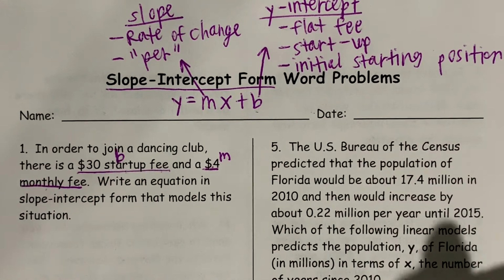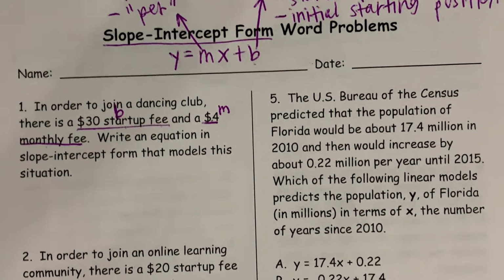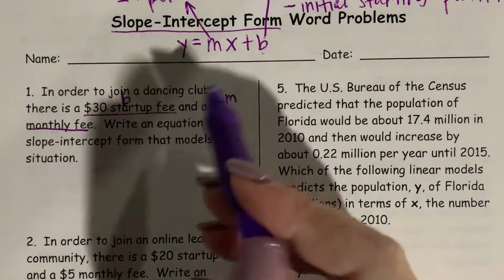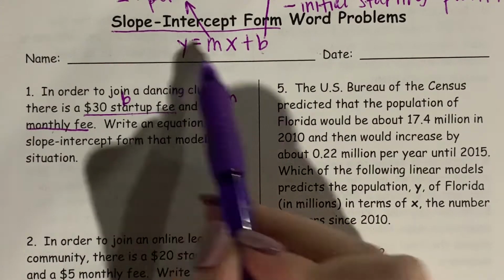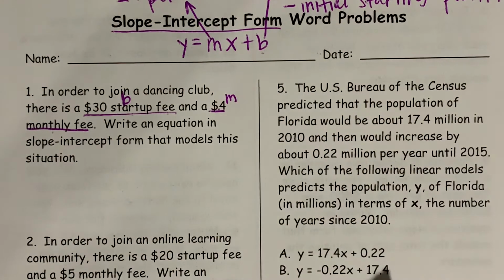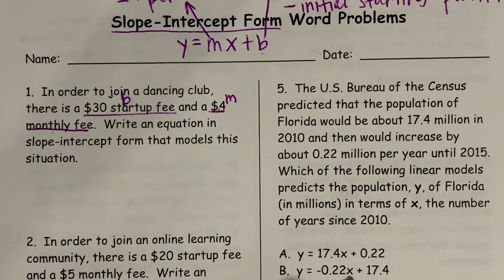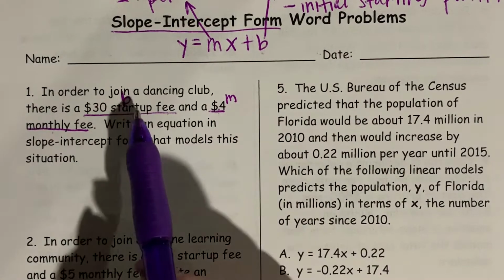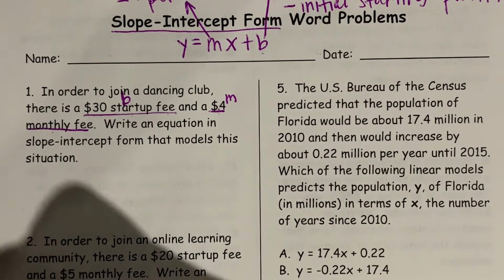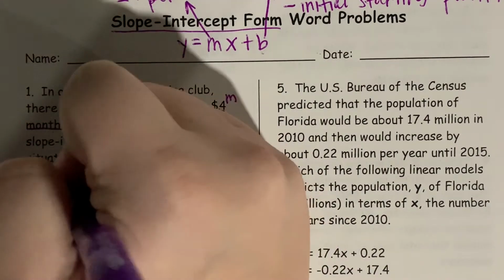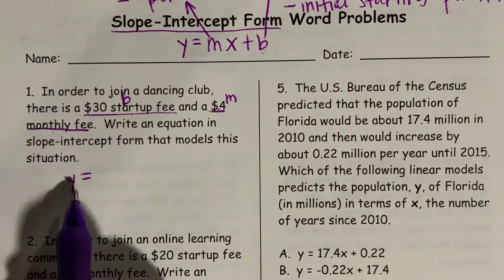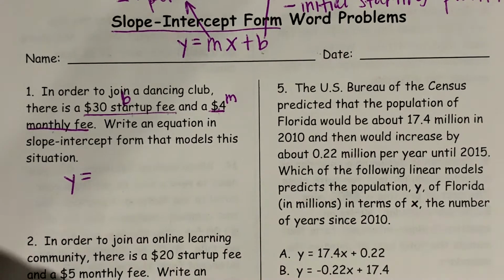Write an equation in slope-intercept form that models this situation. So keep in mind, in slope-intercept form, y equals mx plus b. The y and the m are just part of my form, and I need to plug in my slope and my y-intercept, which I've already identified in the problem. So I'll have y equals, and in this case, y is representing the total cost to join this dancing club.